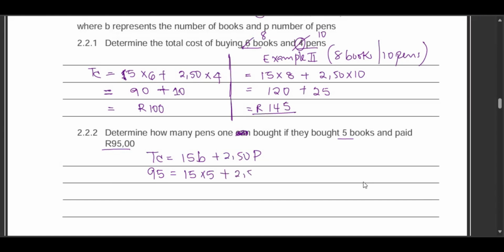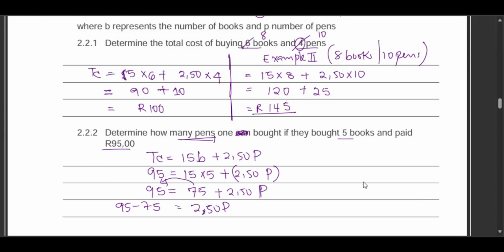Plus 2.5 P. Why does the P remain here? Because we are determining the number of pens. We don't know how many pens they bought. So we continue with the formula here. 15 times 5, you get 75, plus the 2.50 P. Don't forget that. Then the 75 has to cross over, so it becomes a minus. So it's 95 minus 75. When it crosses over, it leaves on one side 2.5 P. You understand?